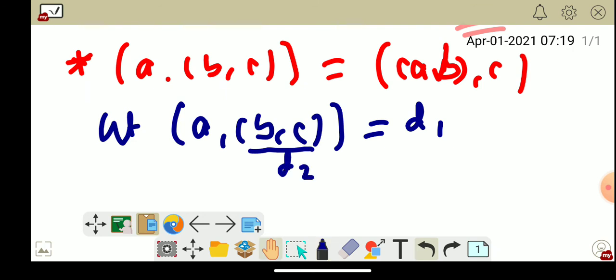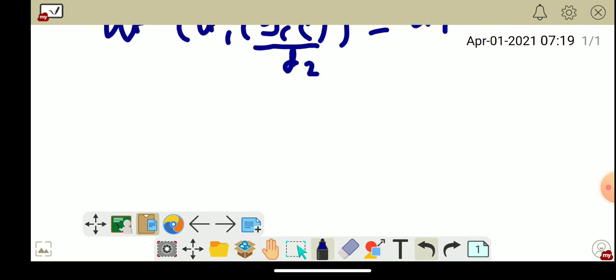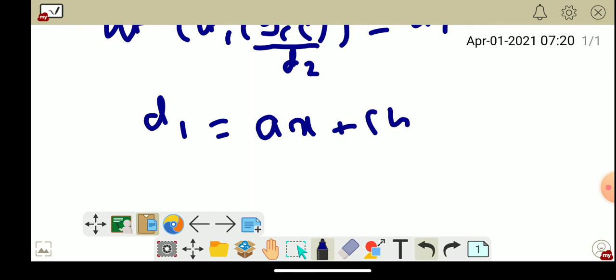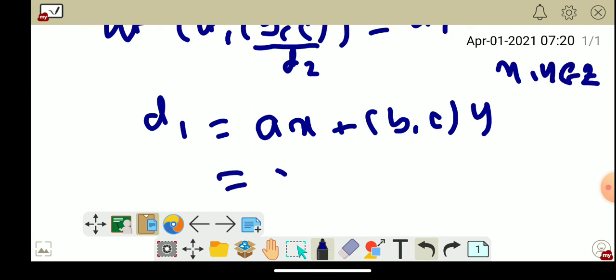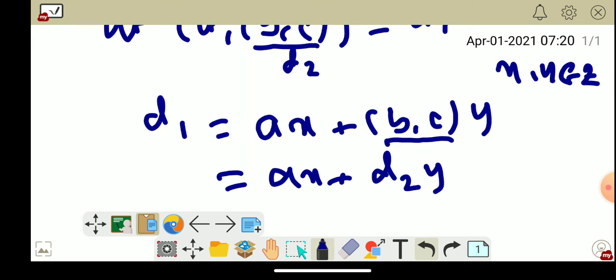That implies D1 equal to AX plus GCD of (B, C) times Y, for X, Y belonging to Z. And also GCD of (B, C) we can take as D2. That's why we can write D2 Y.